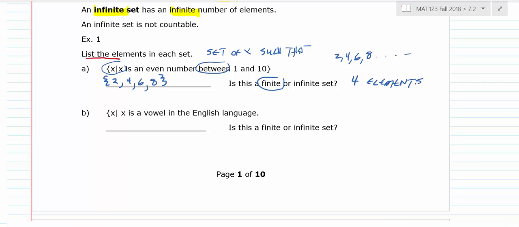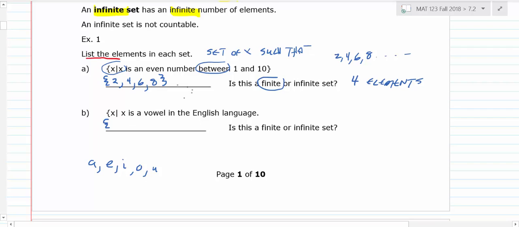Okay, next thing is a little bit about the English language. So we're going to list, again, this would say the set of x such that x is a vowel in the English language. So what we're going to do on this is we just list this out. Well, you got to know what the vowels are. They are A, E, I, O, and U. If you're working on homework and you don't know a certain thing, you can always look things up on the internet.